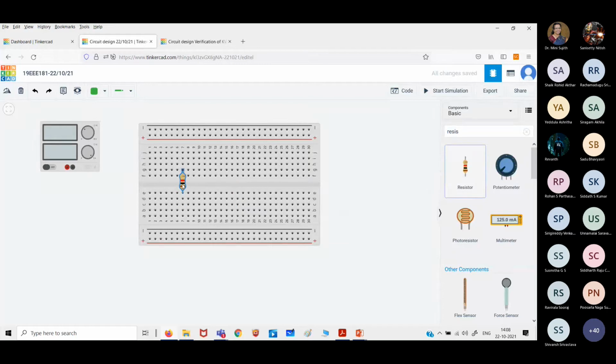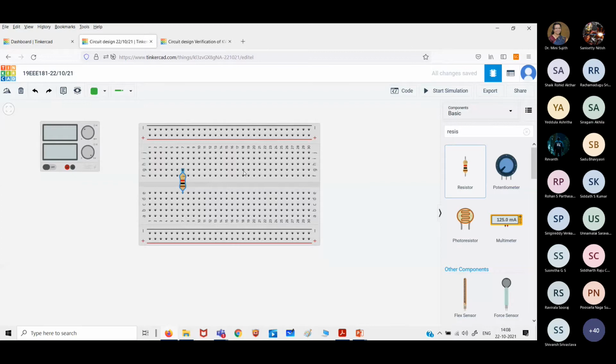So how many resistors do you require for this experiment? Please tell me how many resistors you require for this experiment. 3. Yes, we require 3.